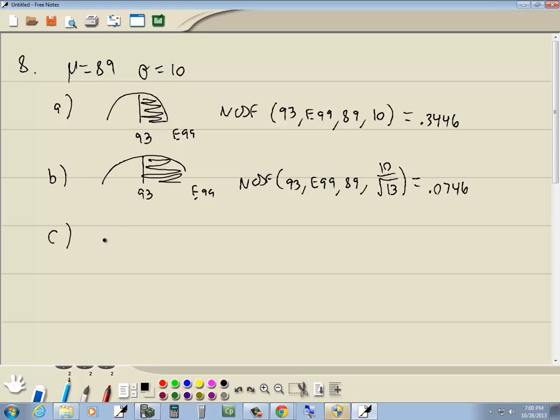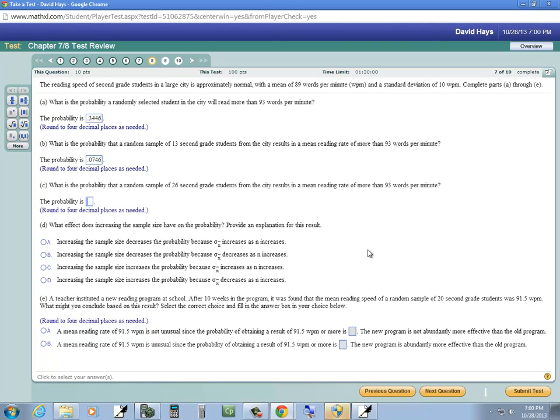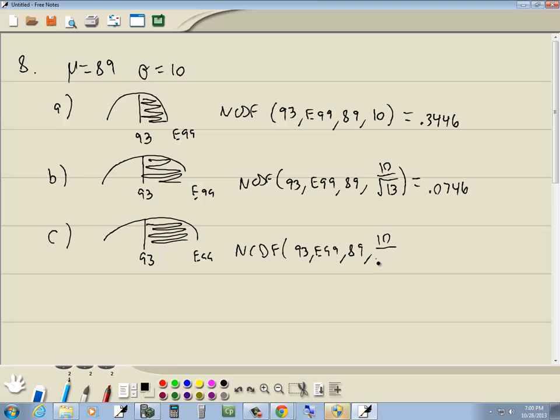What is the probability for a random sample of 26? More than 93, so same setup. So we got 93, shading to the right, E99, and then normal CDF, 93, E99, our mean, and then our standard deviation divided by the square root of n. And we're talking about 26 second grade students, so this will be square root of 26.